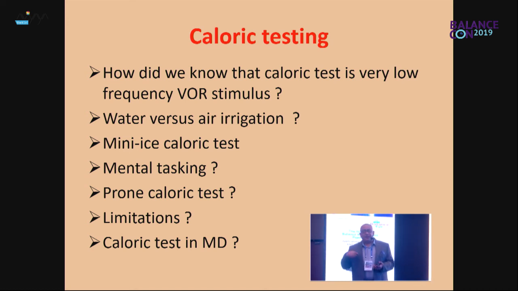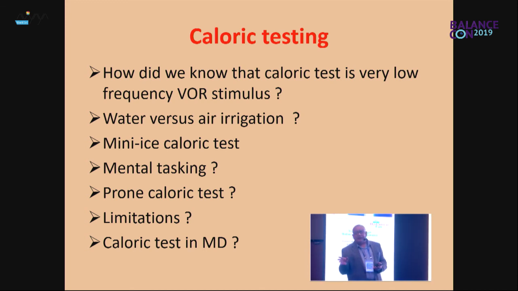It can be affected by the technique and efficiency of irrigation, efficiency of temperature control, and the mental alertness of the tested subject. Sometimes it induces vomiting and nausea, and it's not very well tolerated. So those are the limitations of caloric testing.